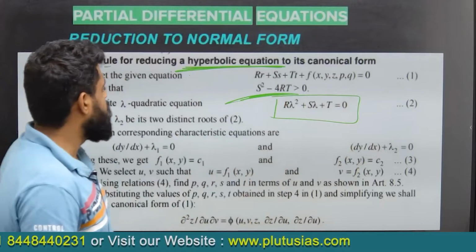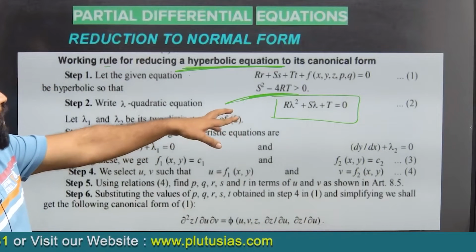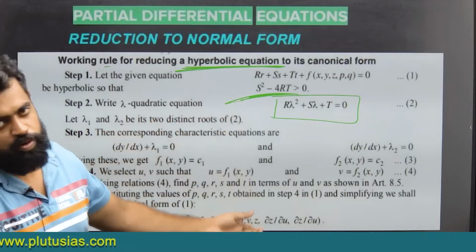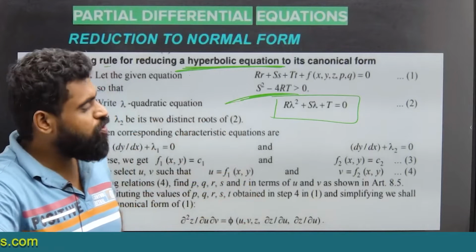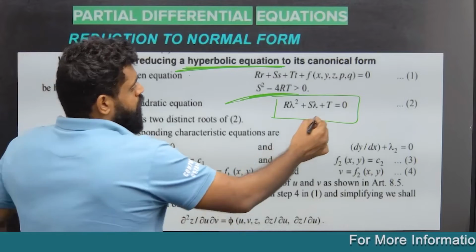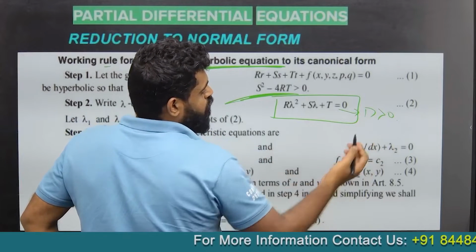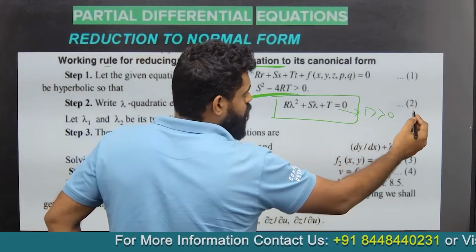Then you find the lambda equation, that is r lambda square plus s lambda plus t equal to 0. In the case of hyperbola, the discriminant D would be greater than 0, so you will get two values of lambda which will be real.